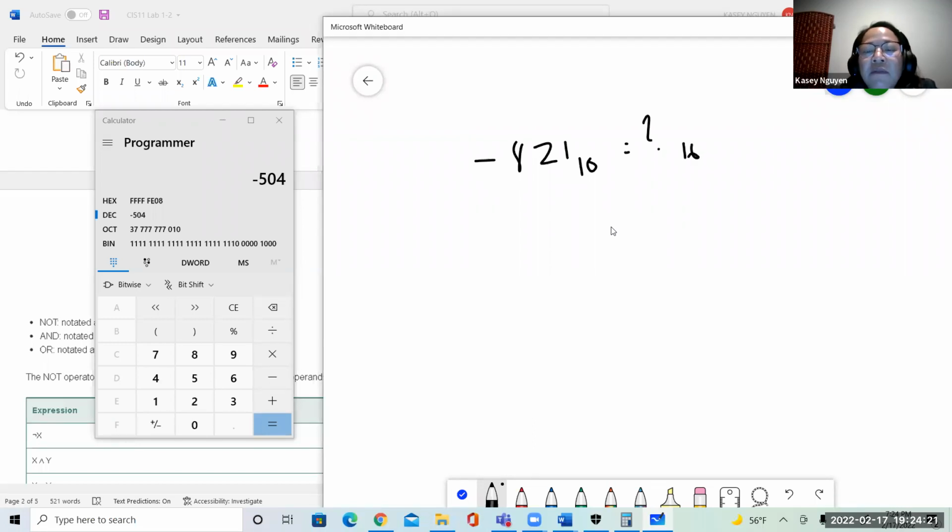Then we can use the subtraction method, or the division method. That's really up to you. I like subtraction because it's easy to go through.